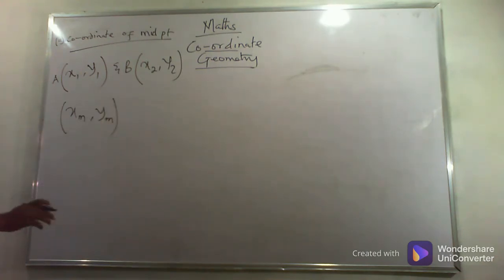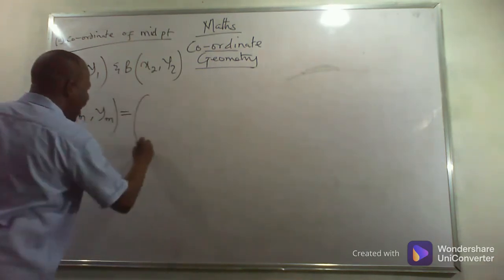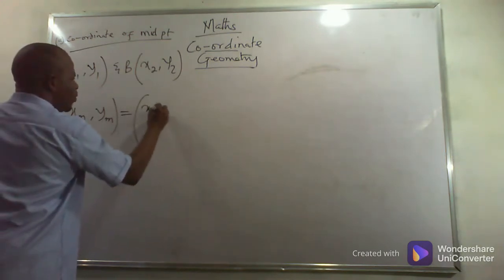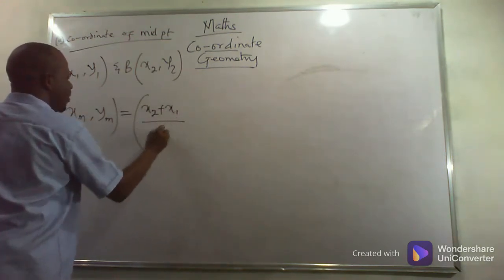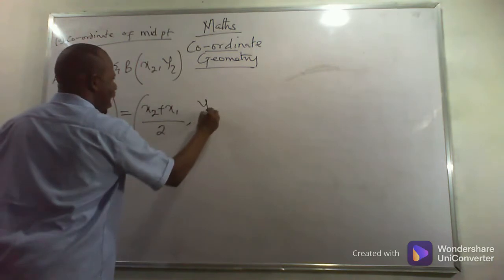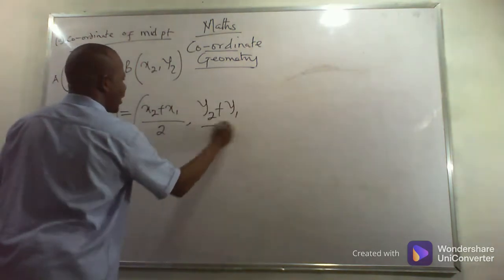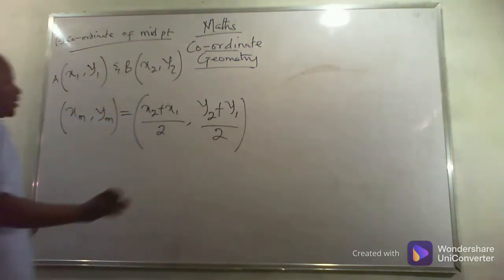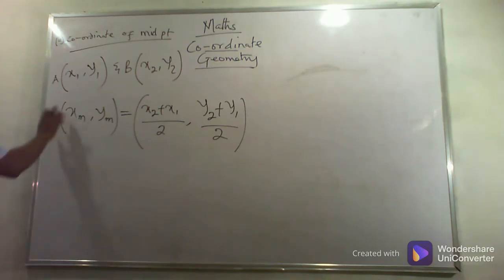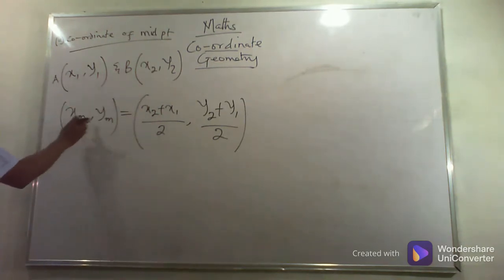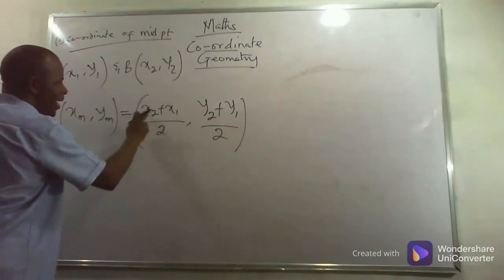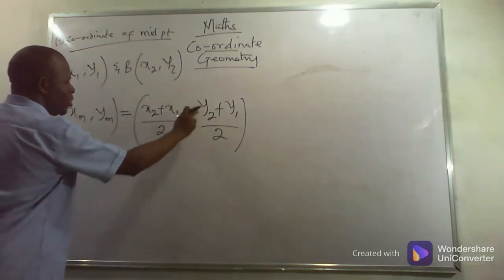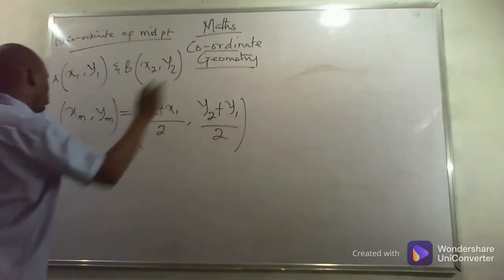And it is given by a simple formula. The formula is x2 plus x1 divided by 2, comma, y2 plus y1 divided by 2. Simple. So the coordinate of the midpoint between point A and B, xm, ym, will be given by x2 plus x1 divided by 2, y2 plus y1 divided by 2.